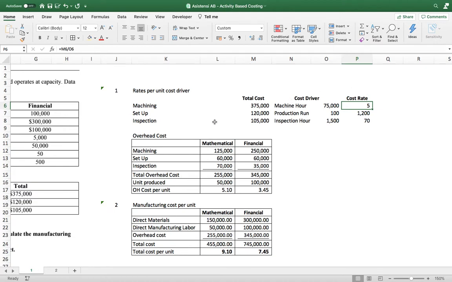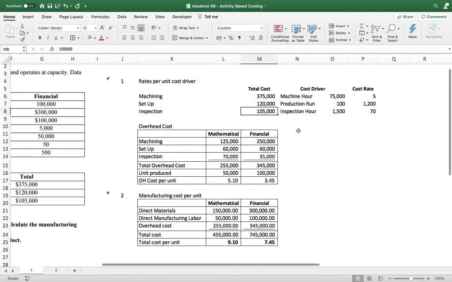And for the setup cost, it is $120,000 divided by 100 production runs. So we got the cost rate of $1,200 per production run. And the last one, inspection cost, 105,000, divided by 1,500 inspection hours, and we will get a rate of $70 per hour.